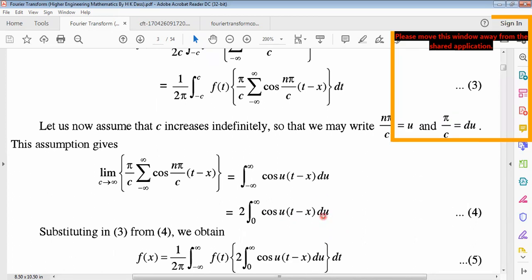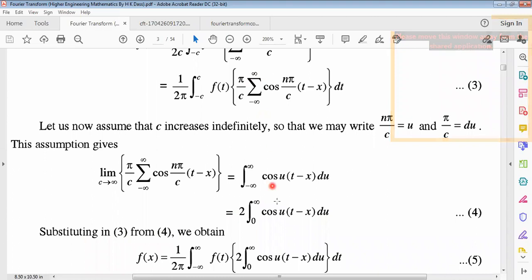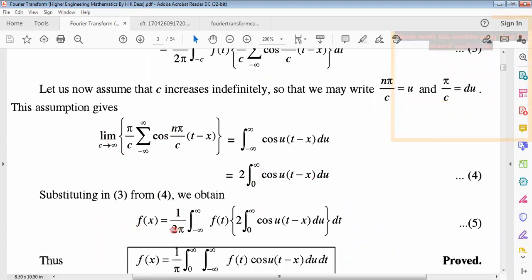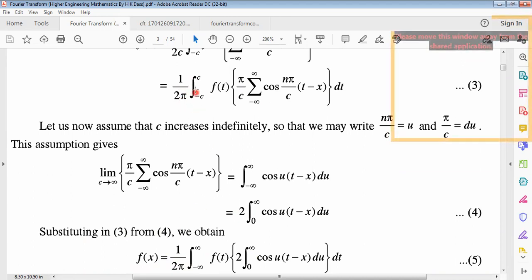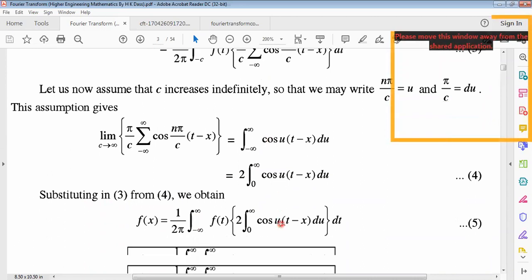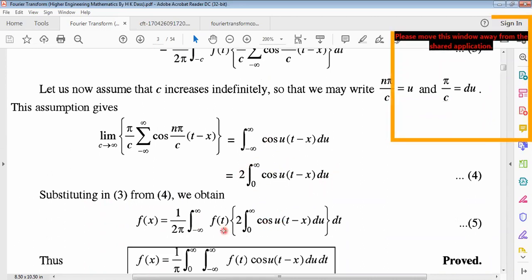Now substituting this one in equation 3 from 4, these values, we can write f of x equals 1 by twice pi, integral from minus c to plus c, this whole series can be written like this: f of t, 2 into 0 to infinity cos u (t minus x) du dt.